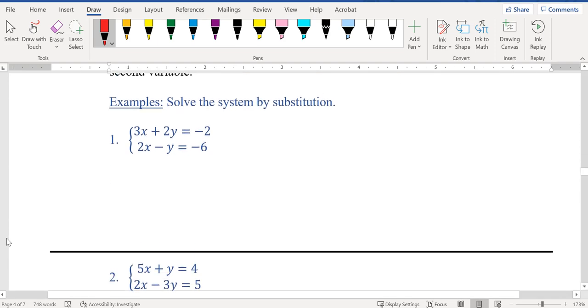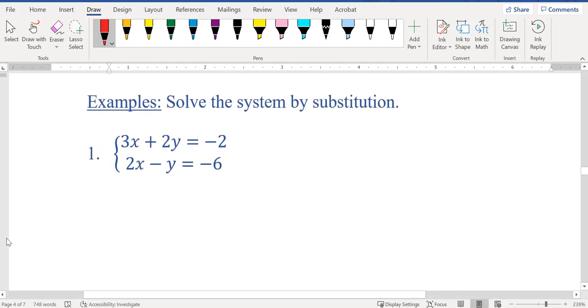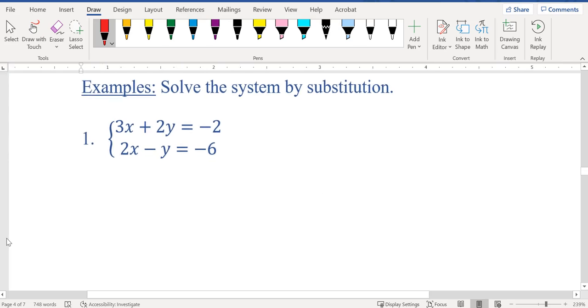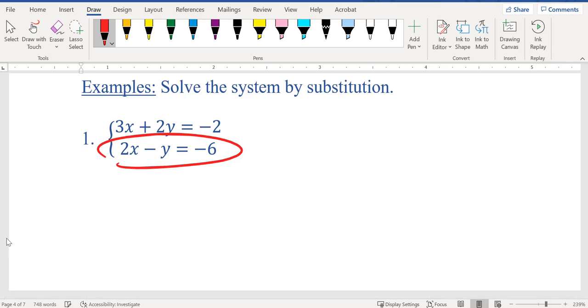That's a lot of words for a process. Let's go do the process and see if that helps. Okay, here's the equation I want to pick first, and I want to solve for y. So if I have 2x minus y equals -6, to get y by itself, I'm going to subtract 2x from both sides.